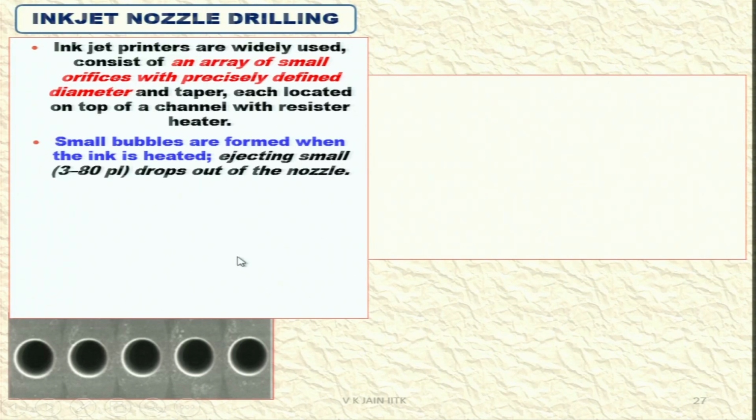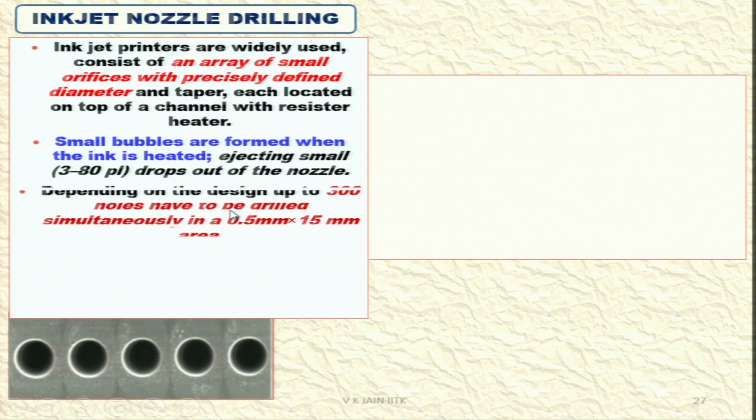Small bubbles are formed when the ink is heated, ejecting small drops out of the nozzle. Depending on the design, up to 300 holes have to be drilled simultaneously in a 0.5 mm by 15 mm area.